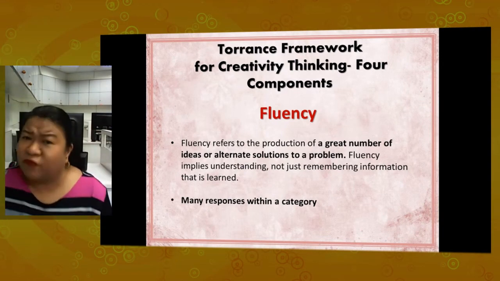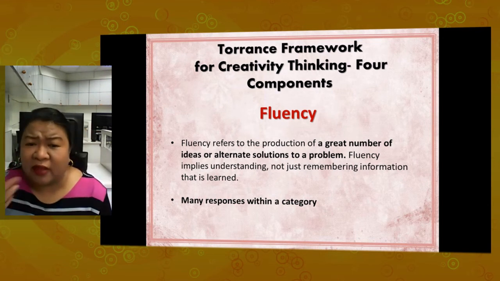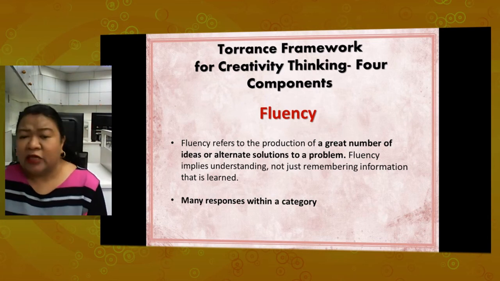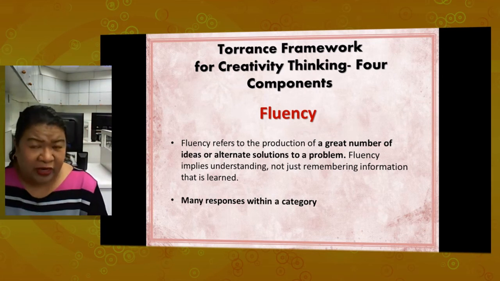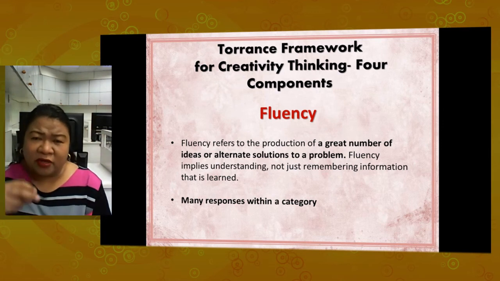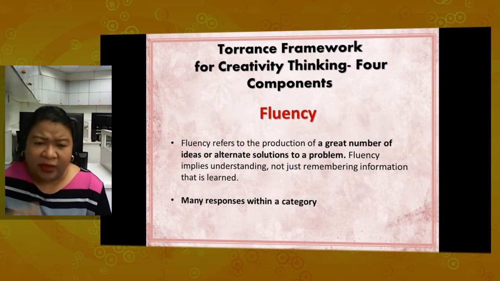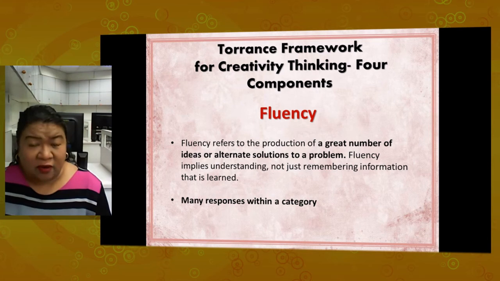So the first one is fluency. Fluency refers to the production of a great number of ideas and alternate solutions to a problem. So it means being able to give many responses within a category. So if I ask you a question, a creative person will be able to generate right away many responses related to the question.